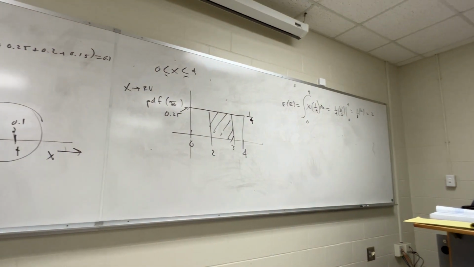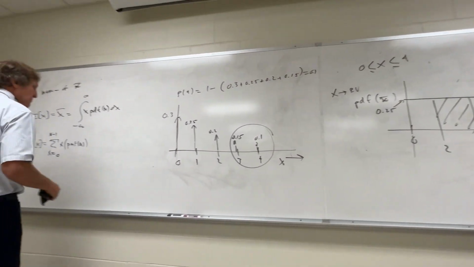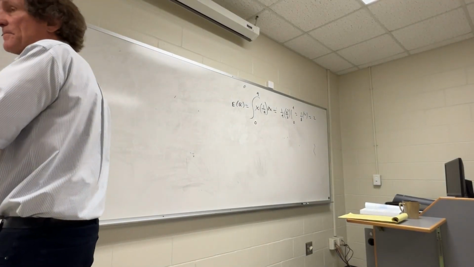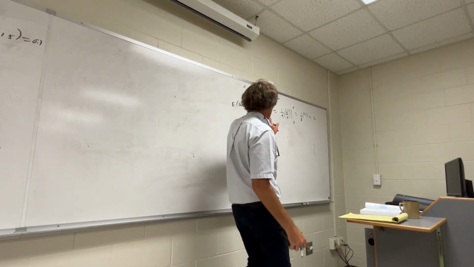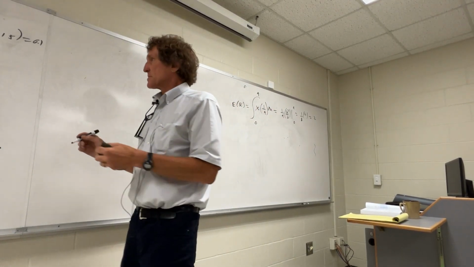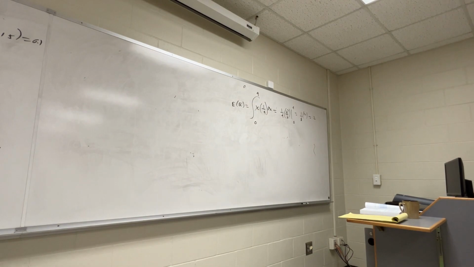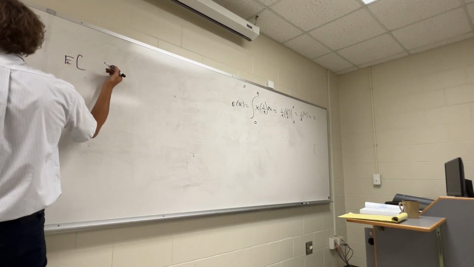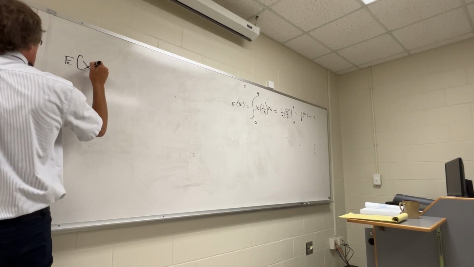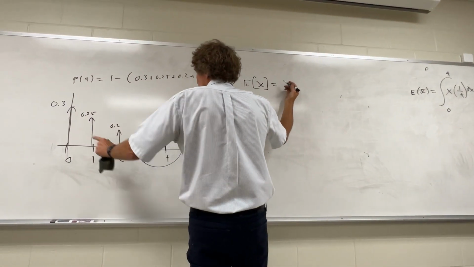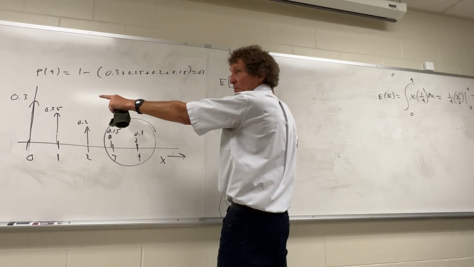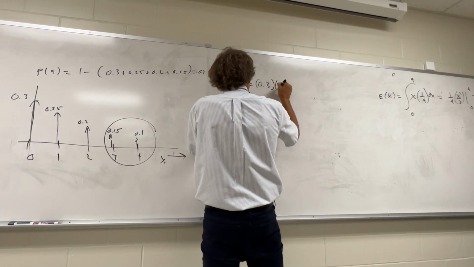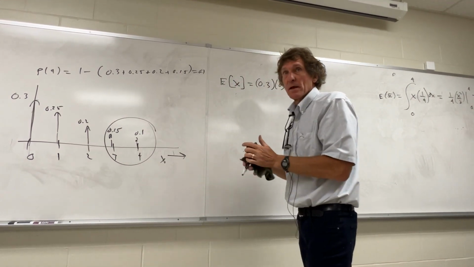What's the expected value for this, based on what I just told you? Let's do it over here. All right, this is the density function, just like this was the density function there. So let's go ahead and do it from here. The expected value of this discrete process would be the probability of 0 times 0, which is 0.3. Agreed, everyone?